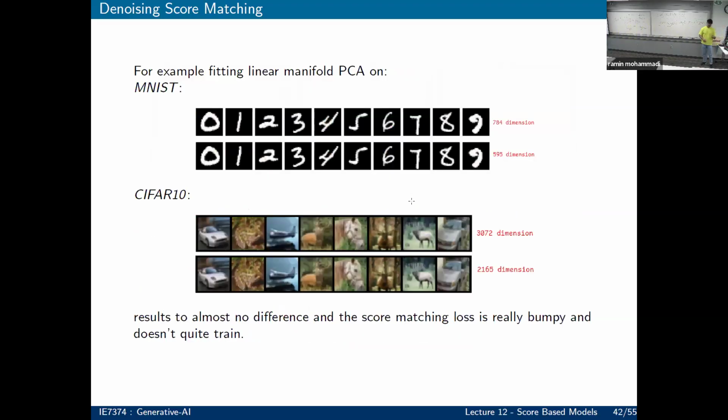As an example, take this idea of the manifold space. If you think about PCA, you can go from 784 to 597 without losing anything, from 3000 to 2000 without losing anything. That tells you that this data doesn't actually exist in this dimension. It exists in lower intrinsic dimensions, right?